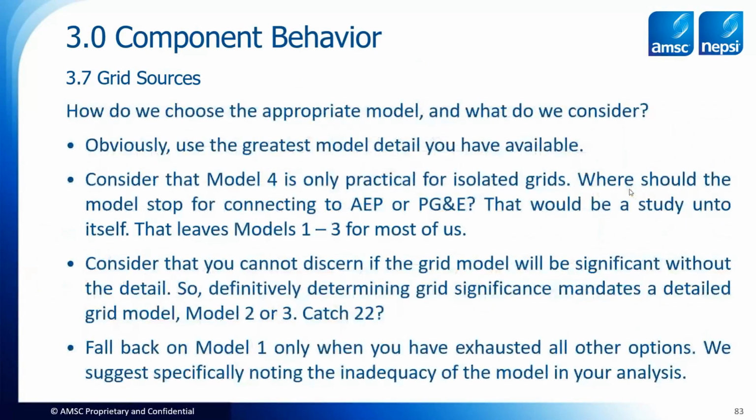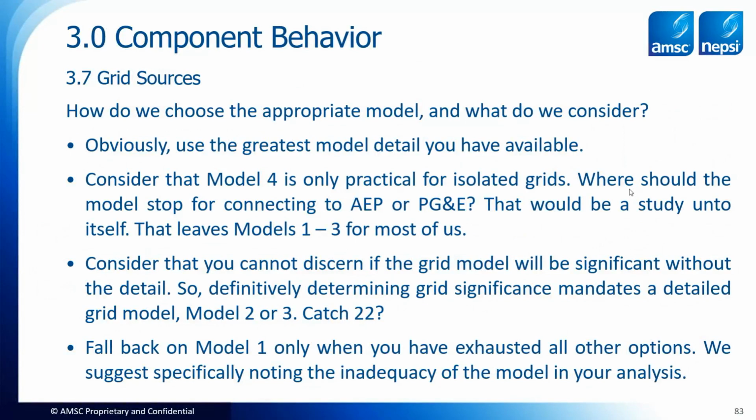So last point, given model 2 and 3 are the area that we're going to have to stick in if we want any reality modeled of the grid, I would say never to fall back on model 1 only unless you've exhausted everything. And then in your analysis, in the report or the memo or whatever you write, just note how inadequate the model is, okay?